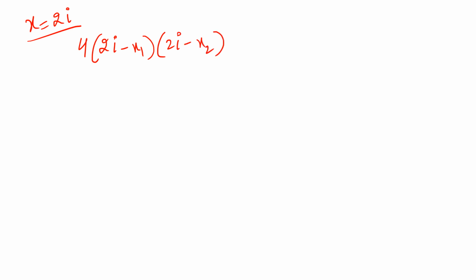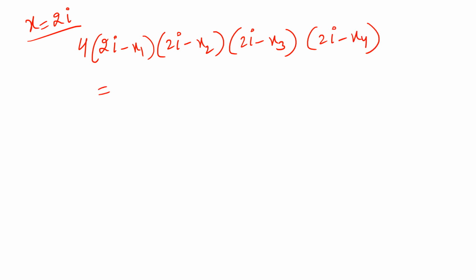Now students, we know that the equation which we have created just now is valid for any complex number x. So now if I put x equal to 2i in this equation, I am going to get 4(2i - x1)(2i - x2)(2i - x3)(2i - x4) on the left hand side.